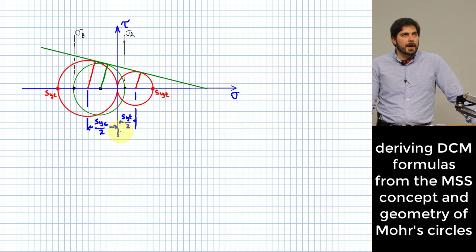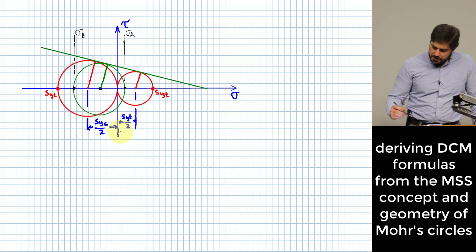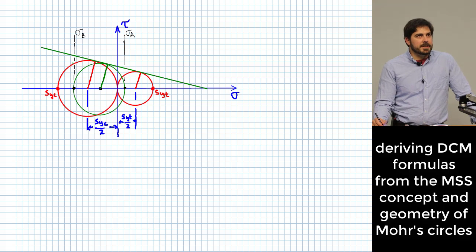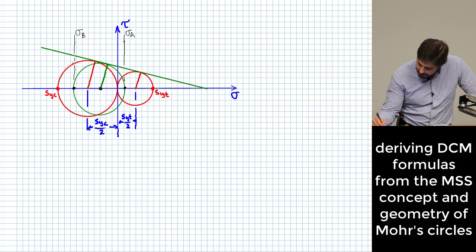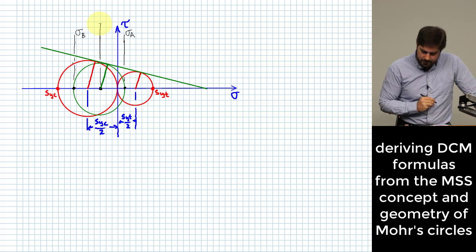Okay. Instead of doing it exactly this way, I'm going to describe the center point of the green circle slightly differently. I'm going to describe it more as a coordinate rather than as a dimension. All right, so if I'm going to describe that coordinate right there, what would I do? So I'll mark this spot right here. What would that coordinate be?